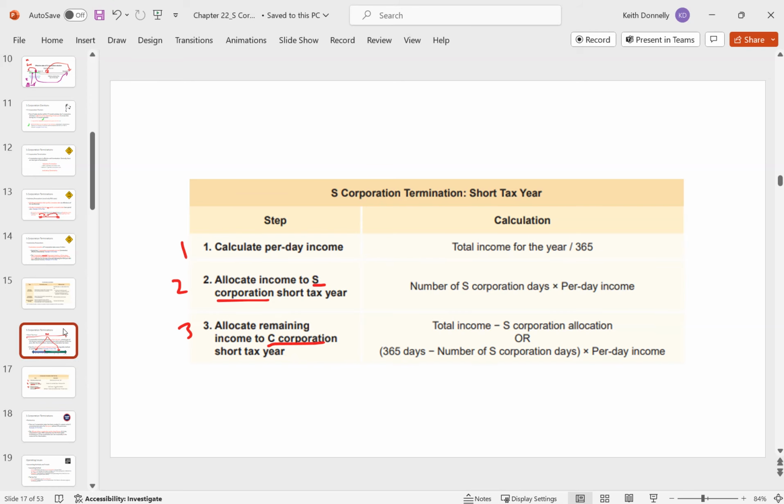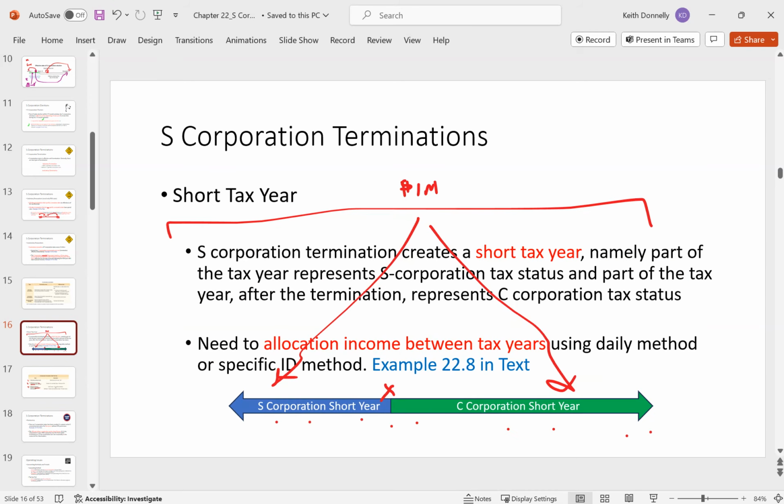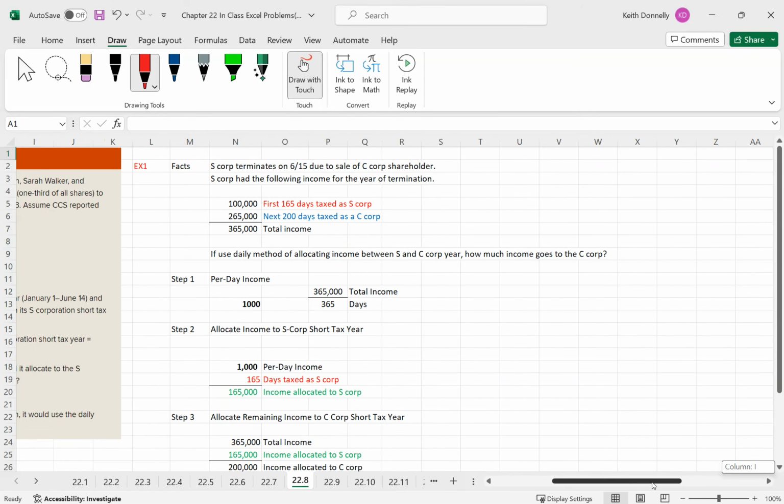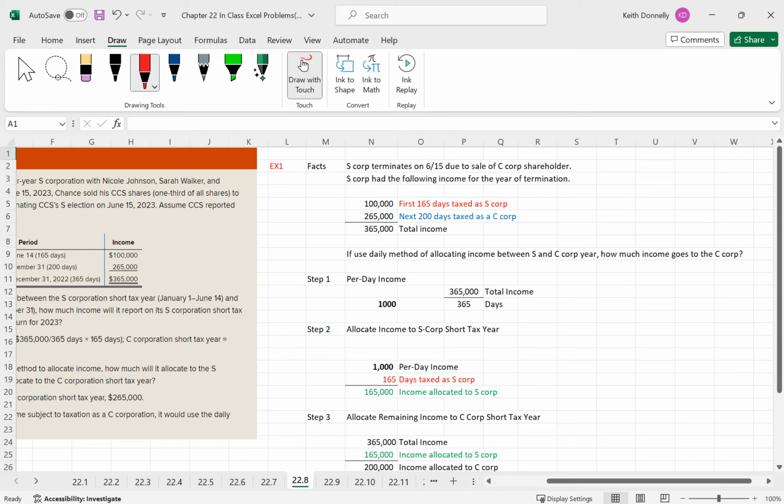So let's look at an example here, 22.8. This is saying we have an S Corp that terminated on 6/15, and when we looked at everything, there was $365,000 of income for the entire year.